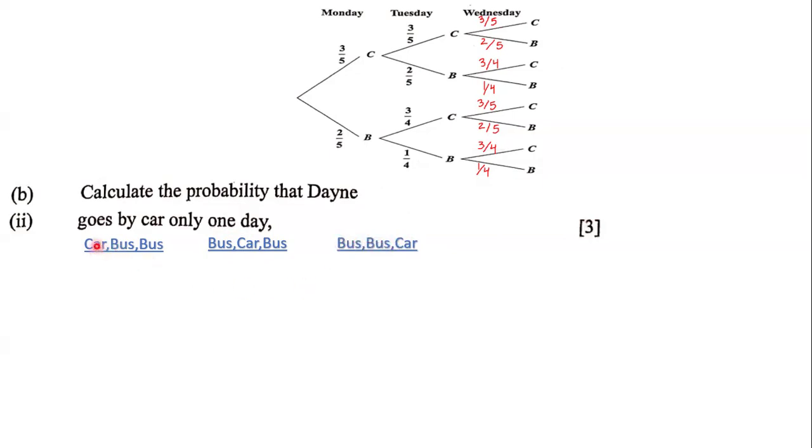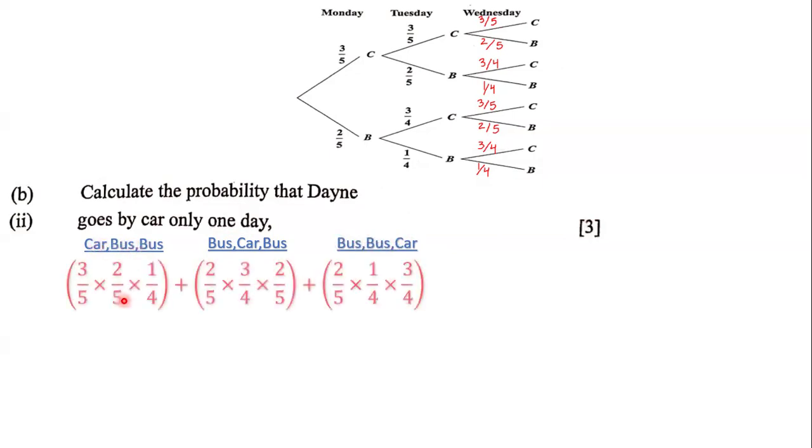And so let's account for car, bus, bus. Since it's car, bus, bus, we're going to go in this route. So it's car, 3/5, then bus, 2/5, and then bus, which is 1/4. So let me highlight that.